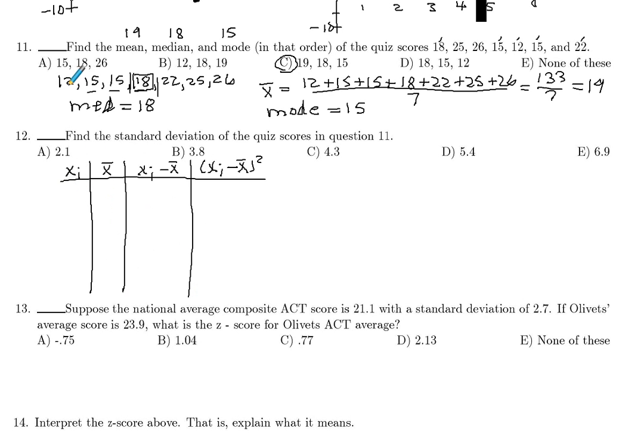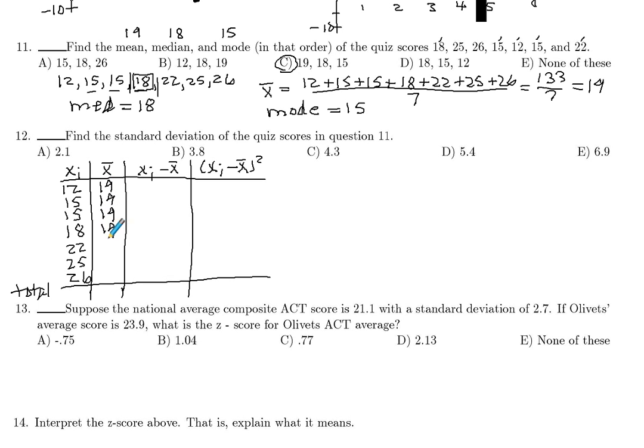So let's go ahead and list our values in order here. So we've got 12, 15, 15, 18, 22, 25, and 26. I have a total row, or sum row, down on the bottom. X bar is the same for all of these, so our average was 19, so use 19 all the way down.